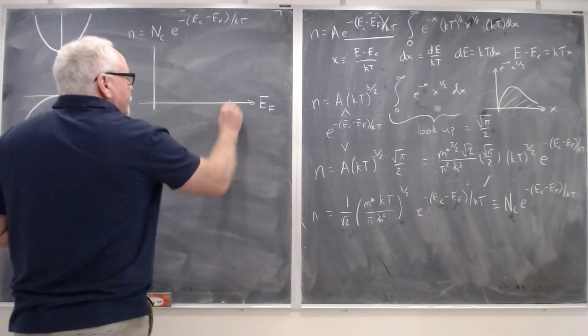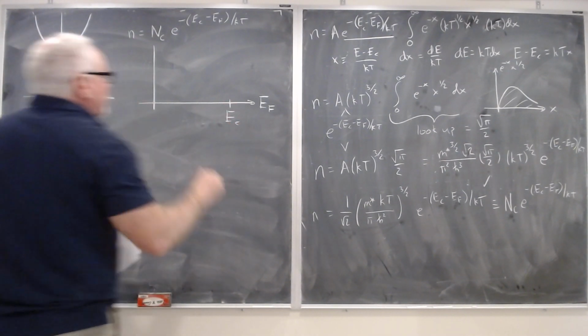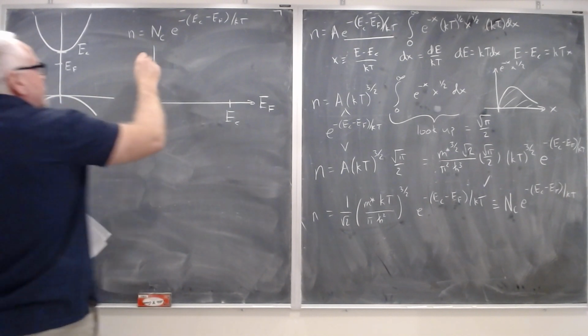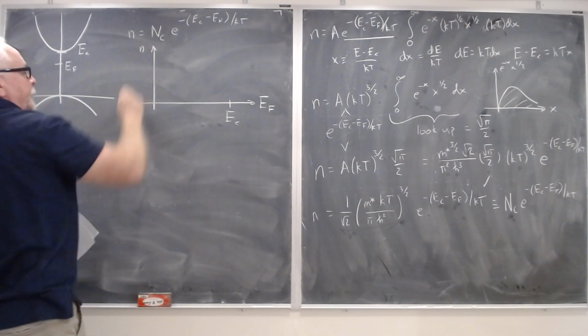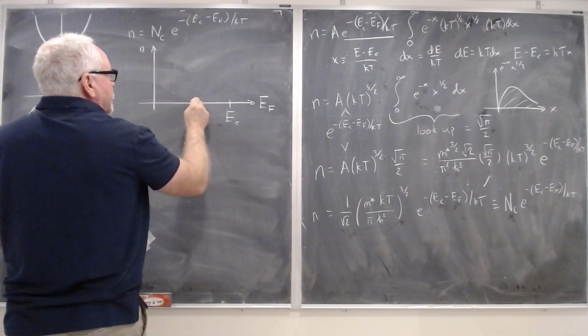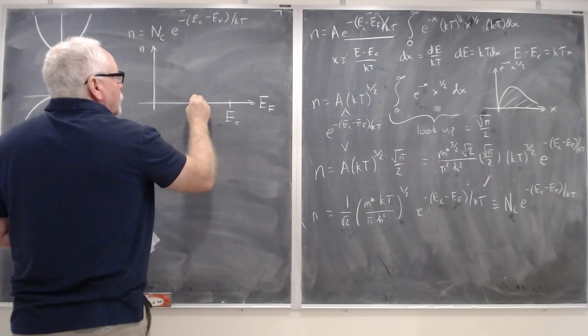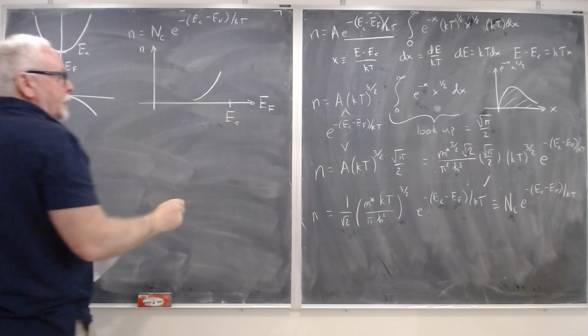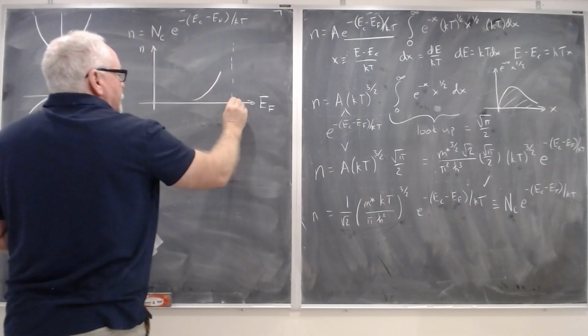So if this is E sub c, right, what this is showing is that n goes up exponentially as EF gets closer to E sub c.